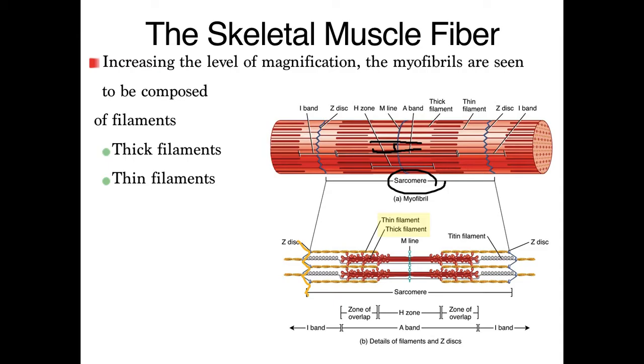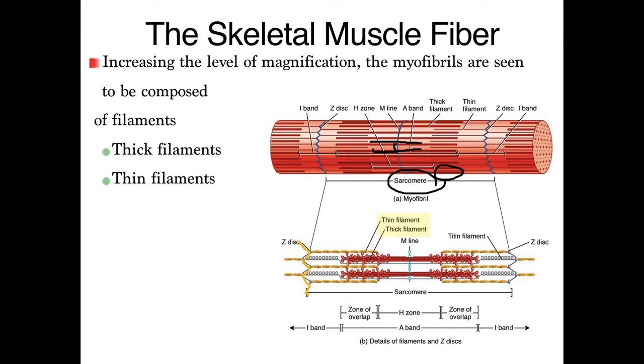There is the zone of overlap, and the zone of overlap is this area where you have both thick and thin filaments, right? So that makes sense that that would be called the zone of overlap.